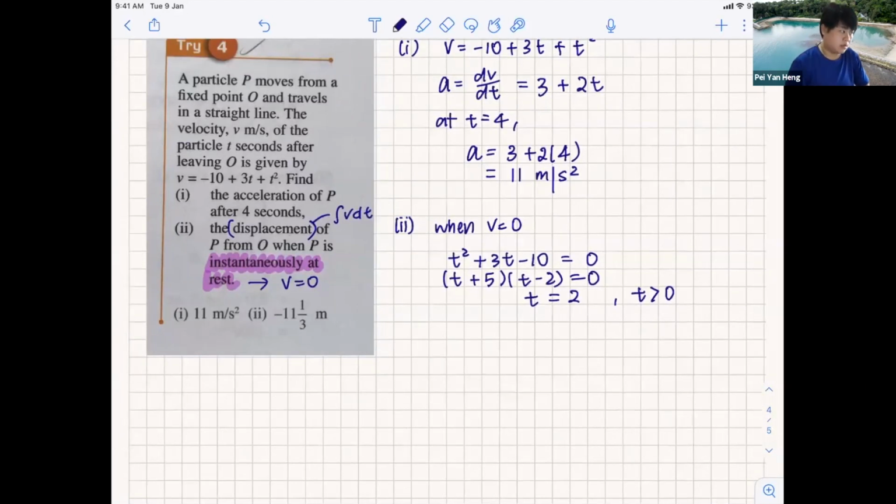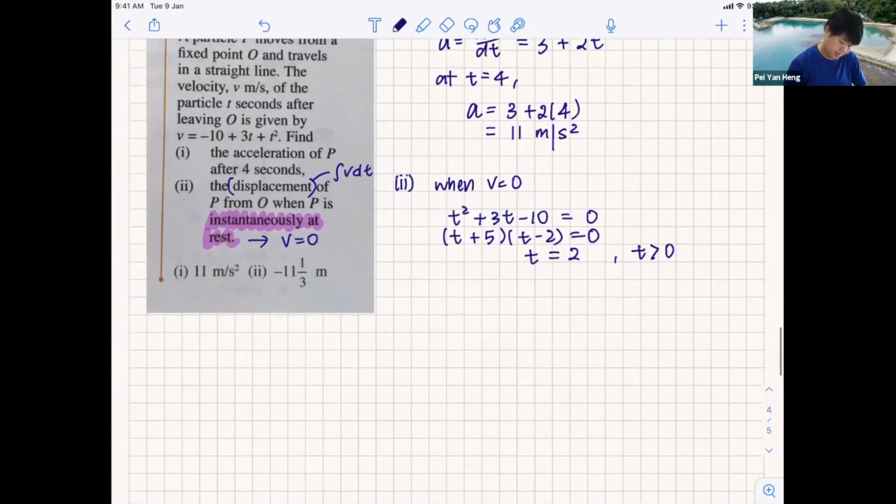So then let's calculate the displacement. In order to get the displacement function, we need to integrate v with respect to t. So we are integrating minus 10 plus 3t plus t squared with respect to t.